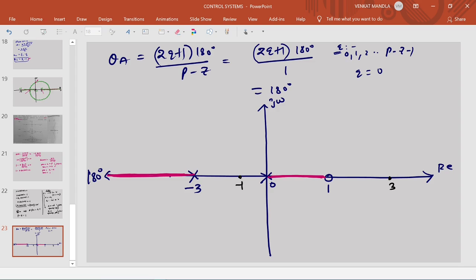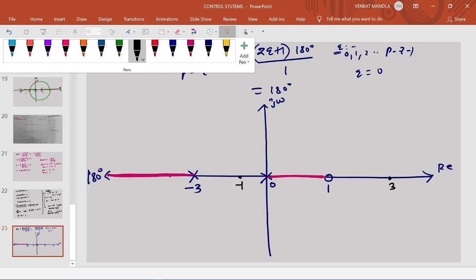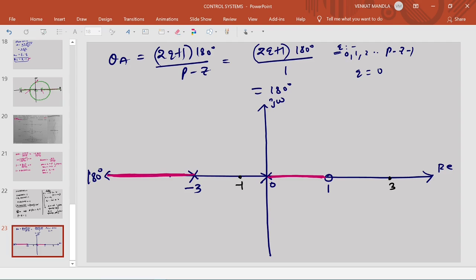So break-in breakaway point does not exist. From this information, I will draw complementary root locus. Here, this is the pole, and between two poles there is no complementary root locus. There is no path, so no break-in breakaway points exist.